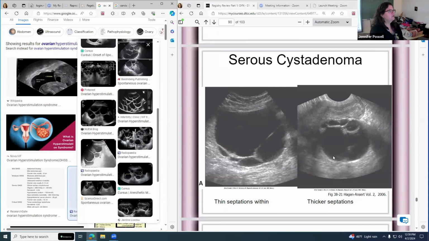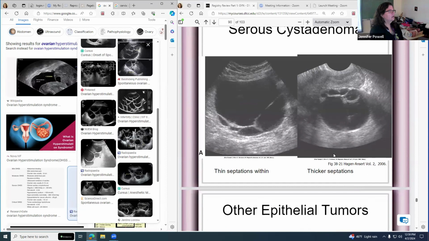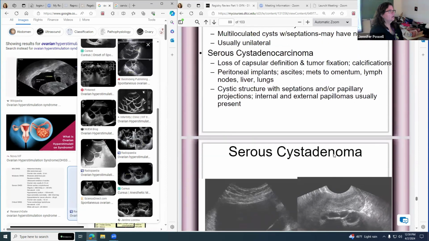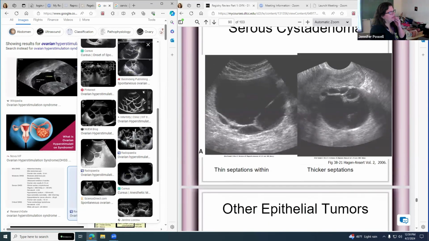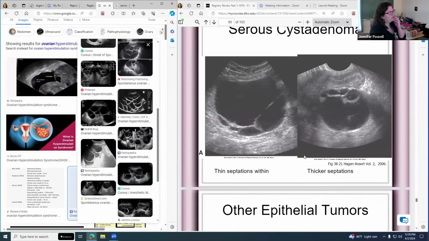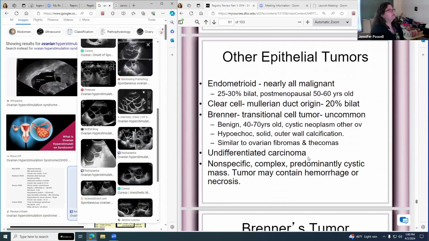Benign cystadenoma. I guess they're not going to show us the serous cystadenocarcinoma.